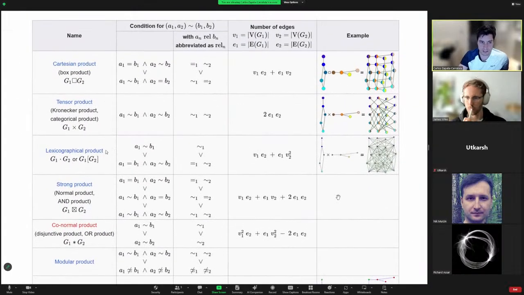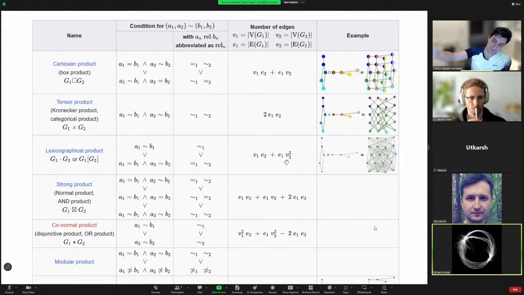The more standard products, like the Cartesian, tensor, and strong product, take the vertex Cartesian product, so they are graphs defined on pairs of vertices from the vertices that you start with. And what we're looking for is something that will basically do the same as addition. So it will do union of vertices and then some construction on top of that.